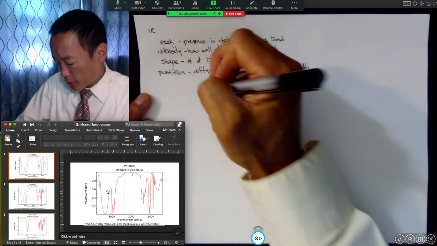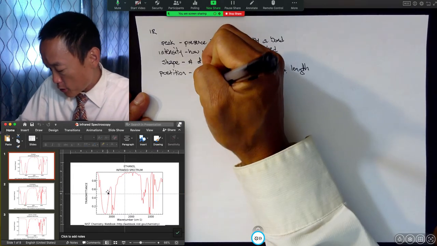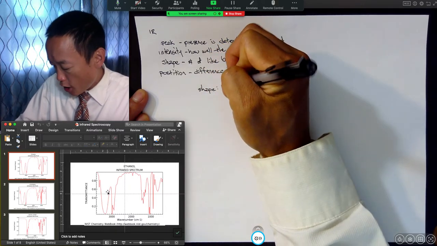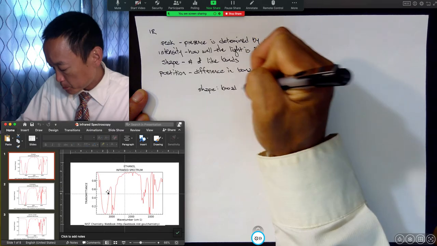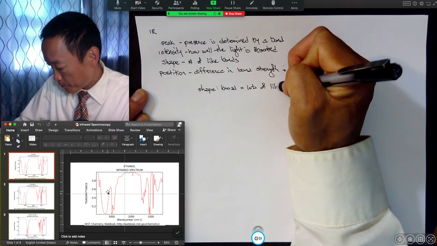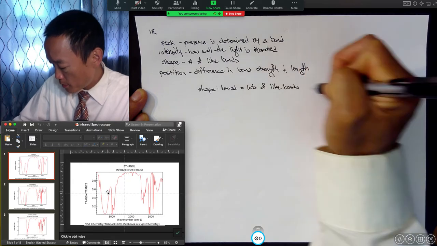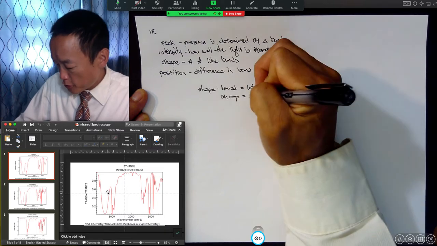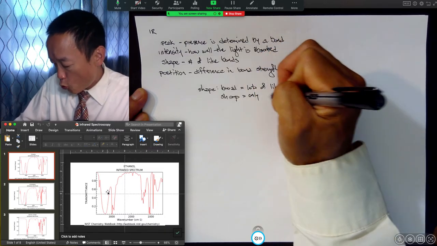And so shape, let's just take a quick little detour into shape. When I say the shape, broad peaks mean lots of like bonds, and sharp peaks are equal to only one type.